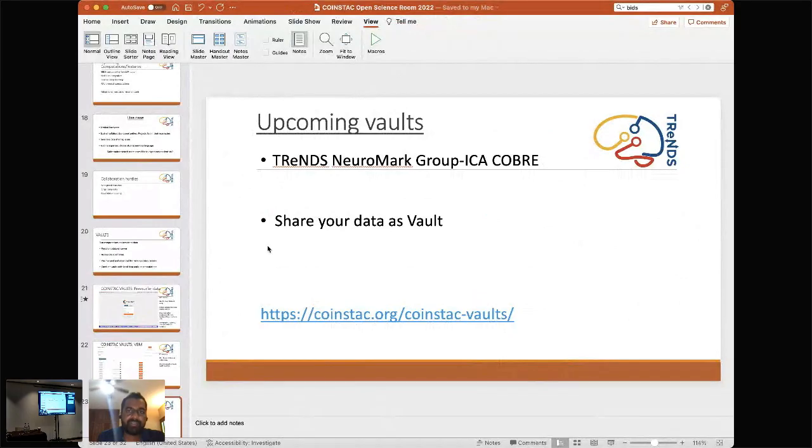And if users want to share their data as a vault and make it accessible to other users across the world, so that they can facilitate more collaborative projects, that's a feature that we are working on now. So they will be able to add their data as a vault in the COINSTAC framework, and that will be available to the COINSTAC users at all times.